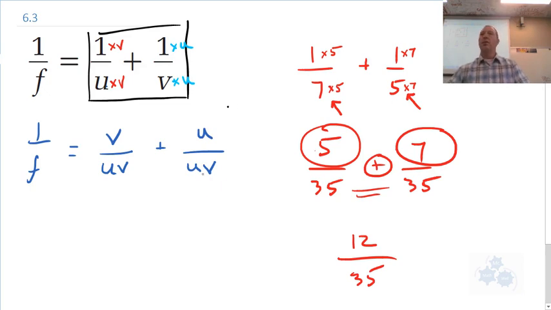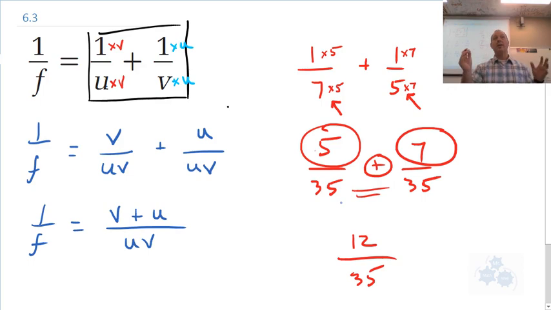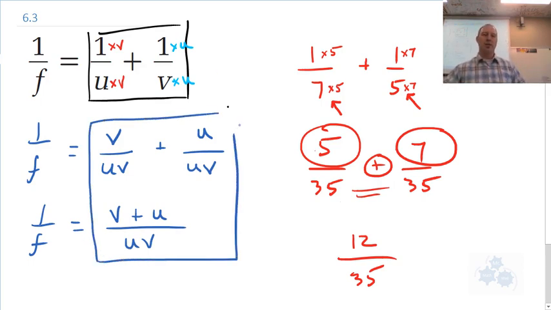Okay? Everybody with me there so far? Common denominator. Now, we can go like this: v plus u over u times v. We can combine those two terms. And this is the essence of what we're going to be doing in this section. That is how we add rational expressions.